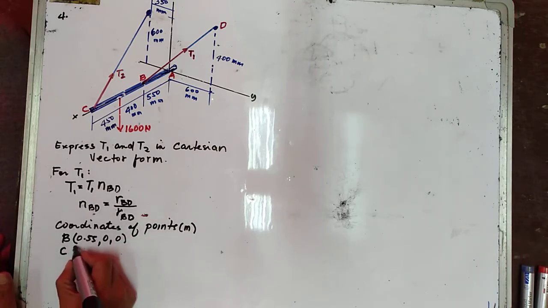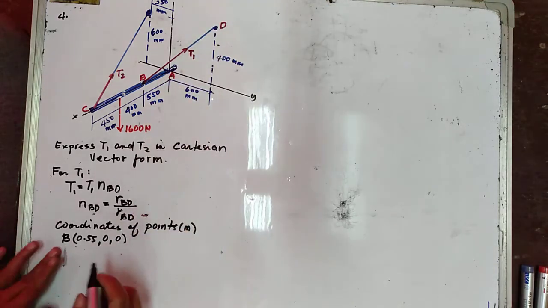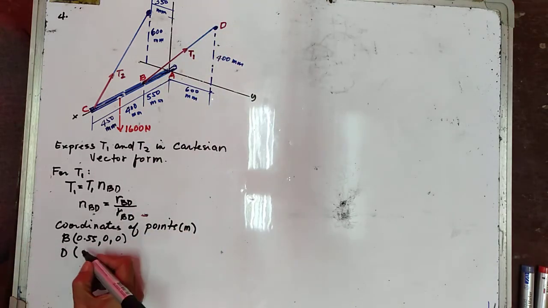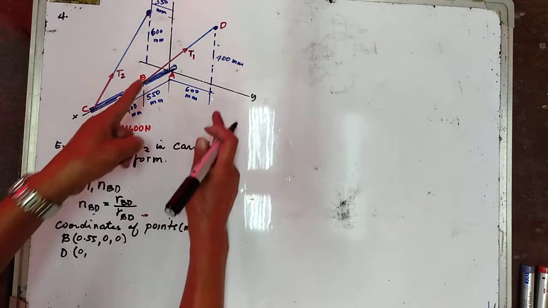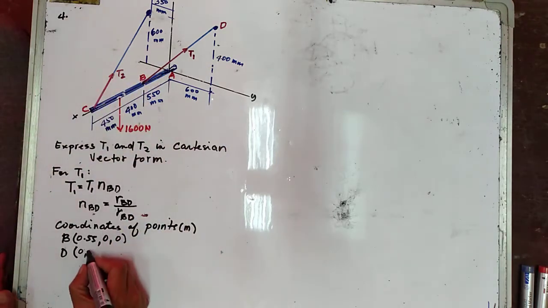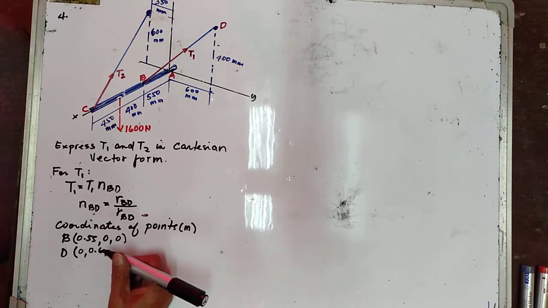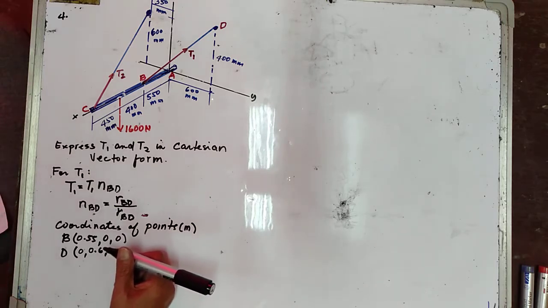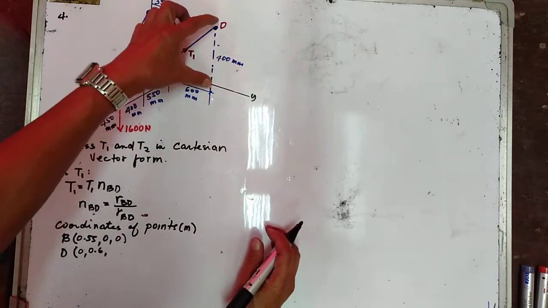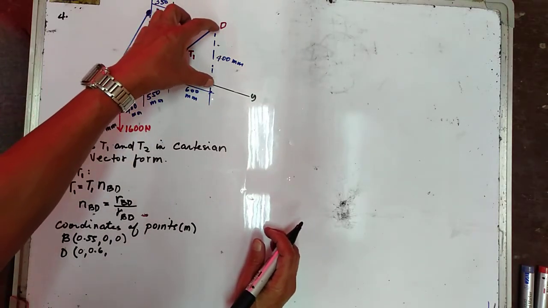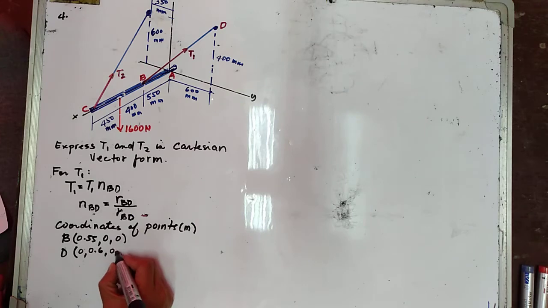So for point D, the x-coordinate is equal to 0, the y-axis is 600 mm, or 0.6 meter, and the z-axis is equal to 400 mm, or 0.4 meters.